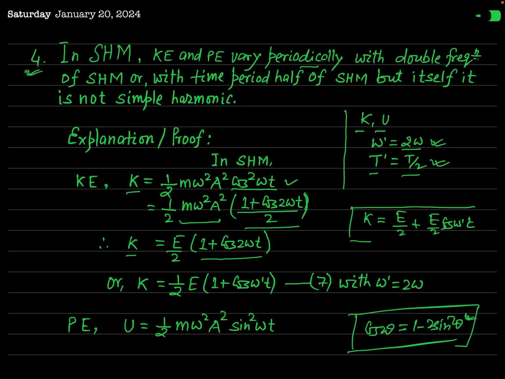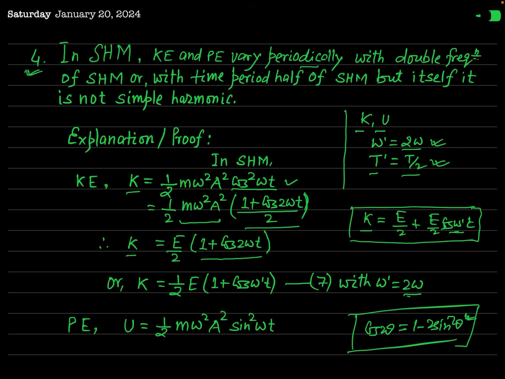Observing this very equation for kinetic energy as a function of time, can you say how this kinetic energy is varying with time? It varies in accordance with the cosine function with a frequency omega prime, which is equal to 2 omega. And as you know, cos theta is a periodic function, and cosine function varies periodically.